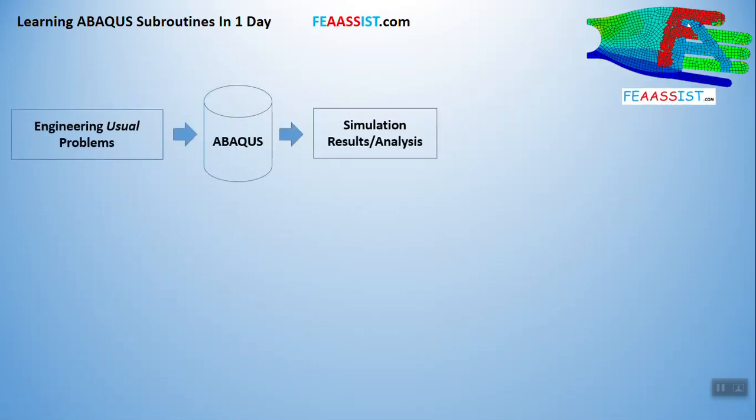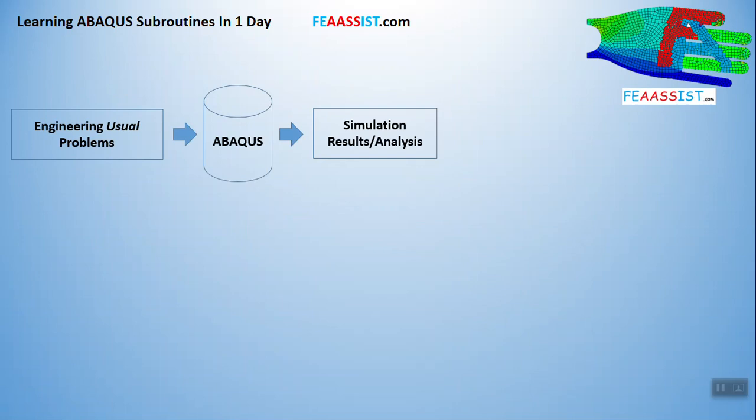In our work, there are many usual engineering problems. Any usual engineering problems from the past are included, the rules are included in Abacus software, which is very powerful software that can solve many usual engineering problems.